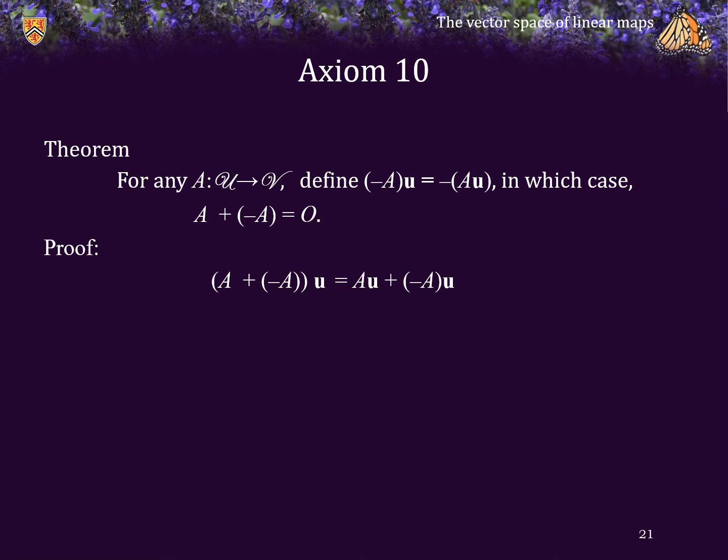A plus the negation of A applied to u is, well, let's just distribute across. And now we notice that the second term is by definition the negation of A times u. So A applied to u plus its negation is equal to the zero vector in V. Thus, A plus its negation applied to u is equal to the zero vector in V for all u, and therefore A plus its negation must be equal to the zero map.